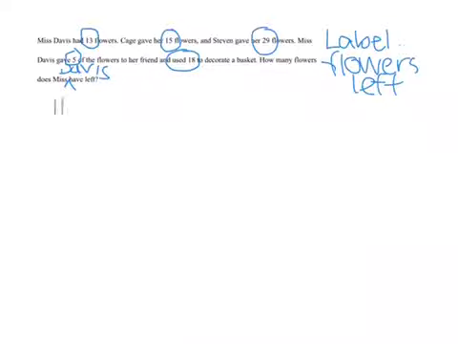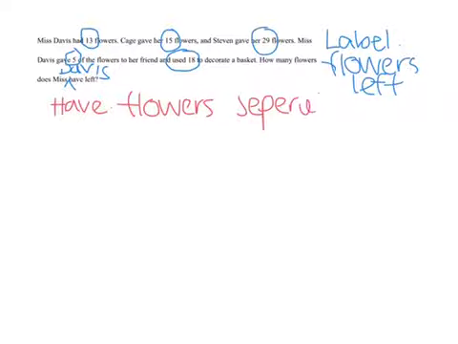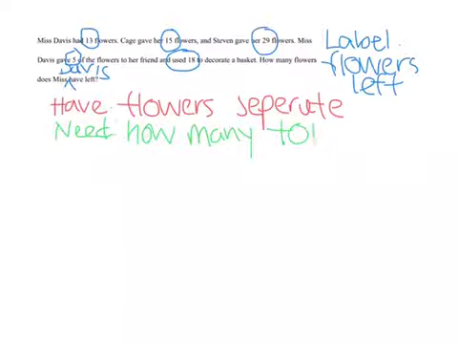Okay? All right. Now we need to figure out what information we already have. Well, we have all of the number of flowers separate. But we need to know how many total flowers. I'm going to write F for flowers. Okay.